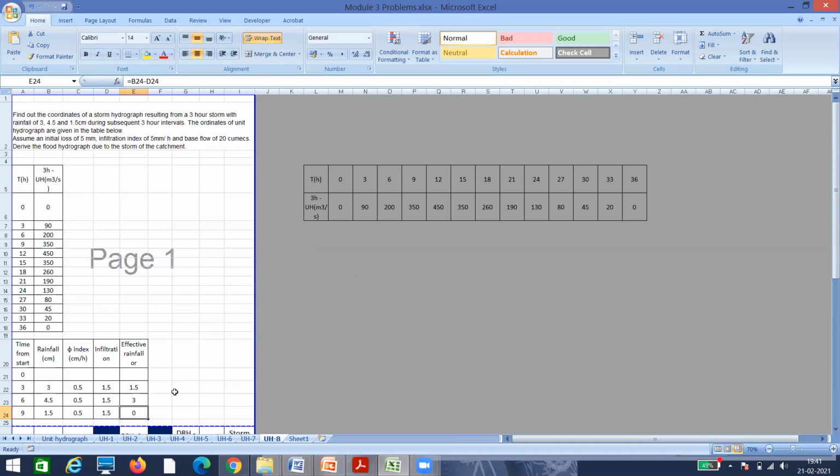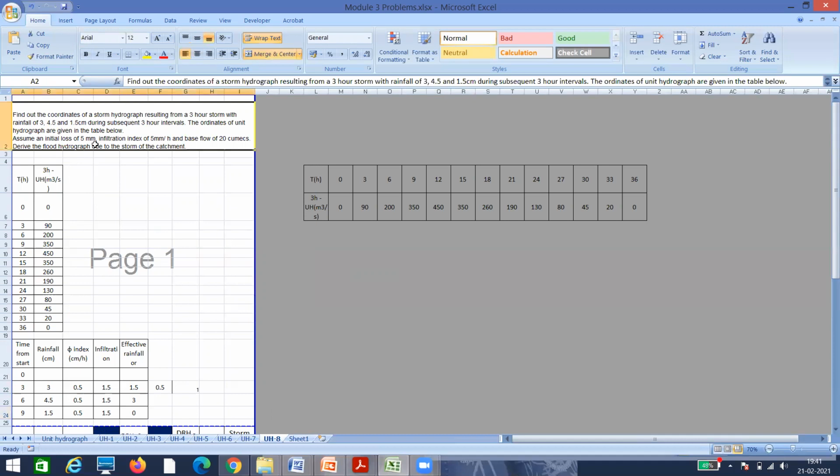So your rainfall will be 3 minus 1.5 minus 0.5, which is equal to 1. But I have not used it here because for the third rainfall event I already got 0. Your rainfall event can't be negative; it can only be 0. So I have not considered it.